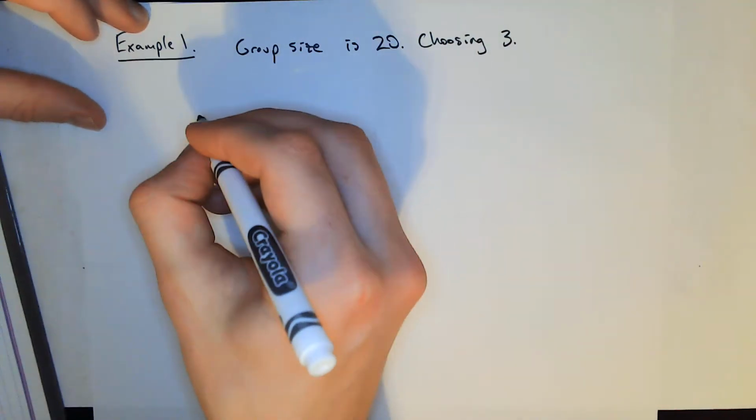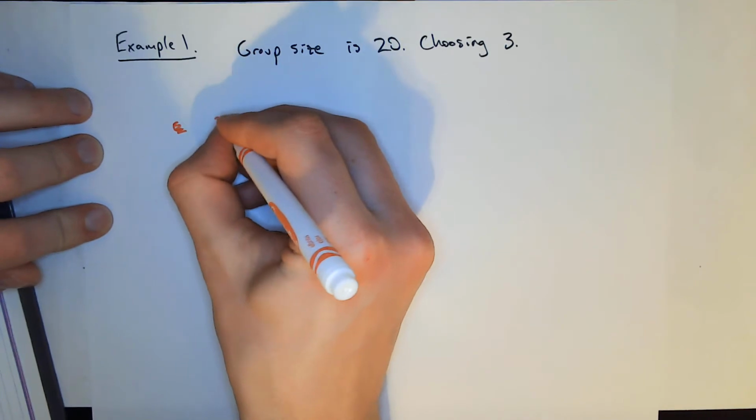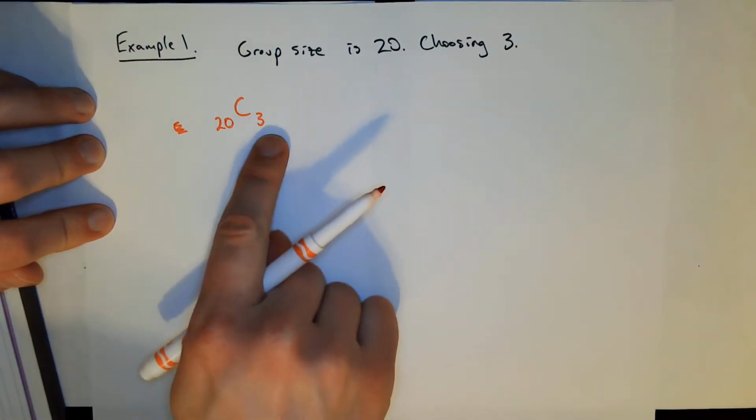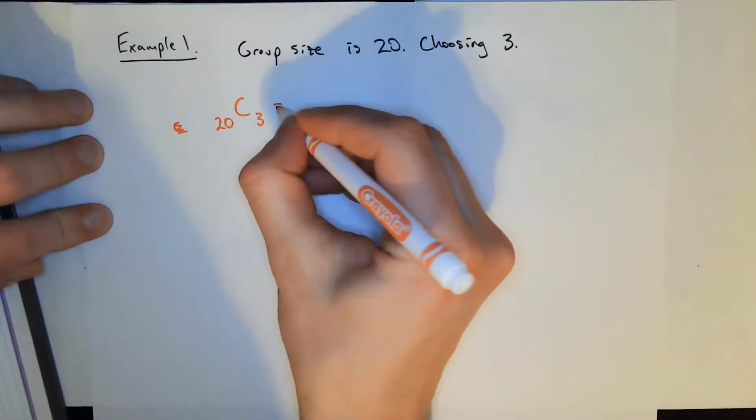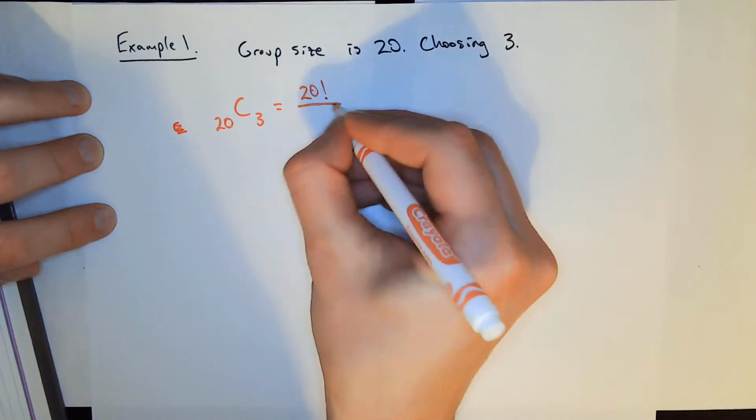So we're going to switch colors here. We're going to use the combination of 20 and 3. So choosing 3 people from a group of 20. And we know how to do this calculation. So what am I doing right now?